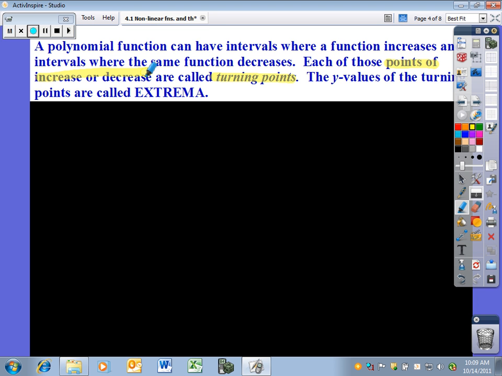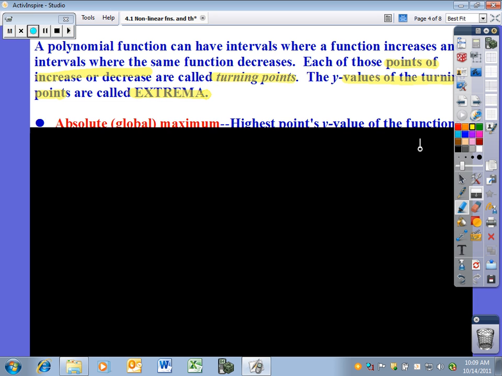And we list the y values of the turning points as extrema. So we have an absolute maximum, which is an extrema, which is the highest point's y value.